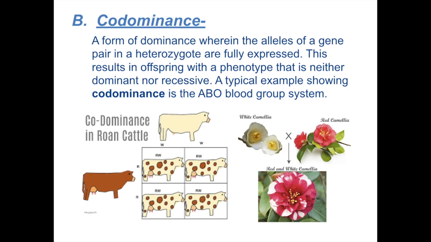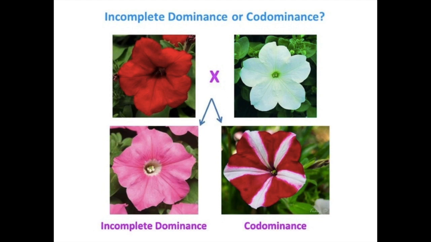You also can see the flower there, in which it's pink, in which it's red with white spots. That is codominance. A great example of that would be blood types. Here you can see the difference between incomplete dominance and codominance.